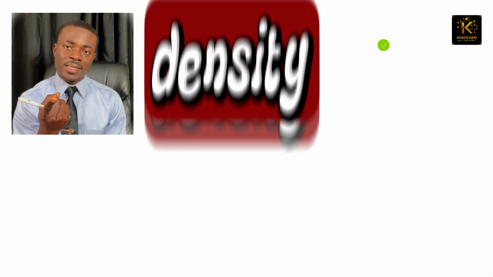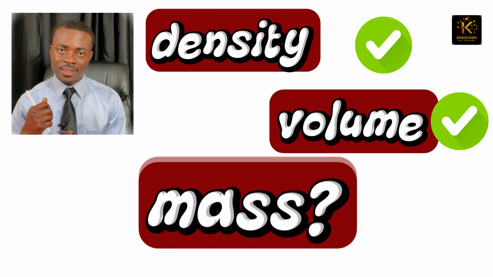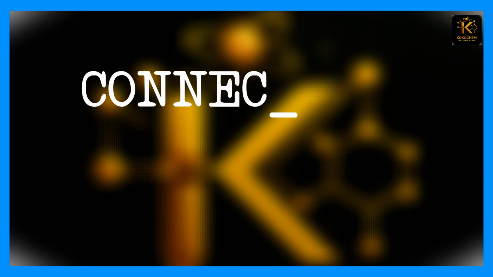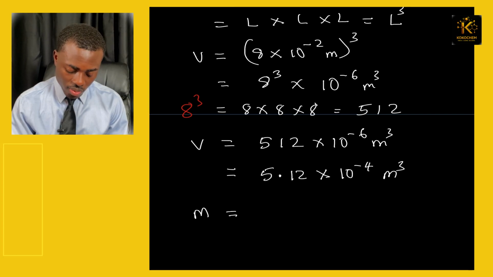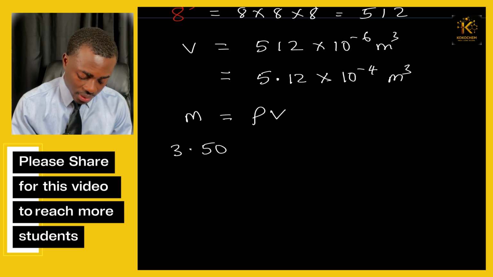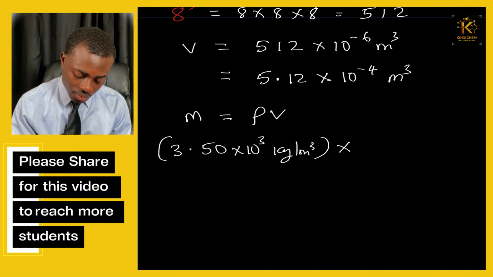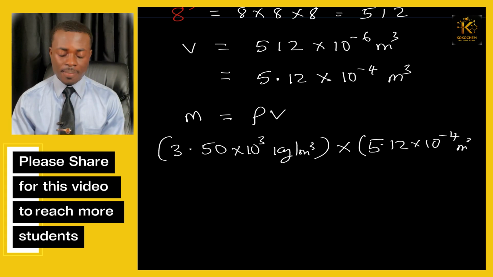So we know our density, we know our volume, so we can find the mass, right? Good. Mass, as we know, will be density times volume, which is 3.50 times 10 to the power 3 kilogram per meter cubed times the volume, which we now have as 5.12 times 10 to the power negative 4 meter cubed.